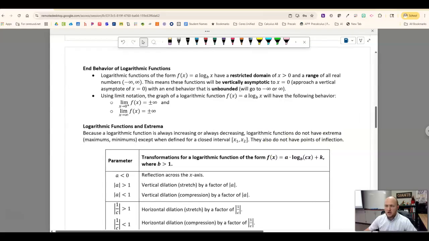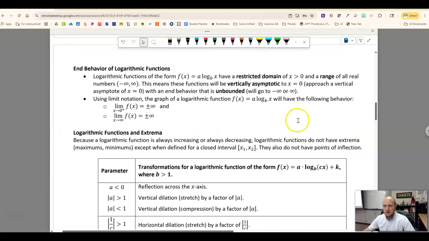End behavior. We talked about end behavior in the previous lesson. End behavior for logarithmic functions. We have a vertical asymptote for our function, x equals 0. So as we approach 0 on that side, the end behavior is going to be unbounded.